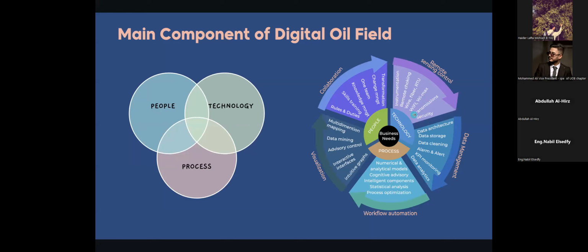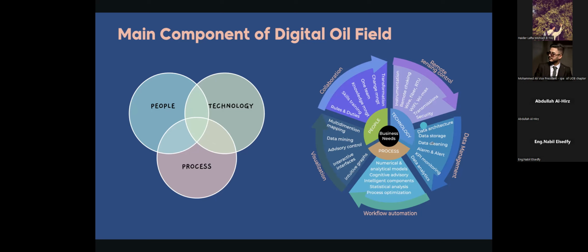And definitely we need security, to secure the data that we get, so we will not get a cyber attack coming from the sensors to the database that can harm us. So we need to get all these together in the first phase, which we call the remote sensing control.